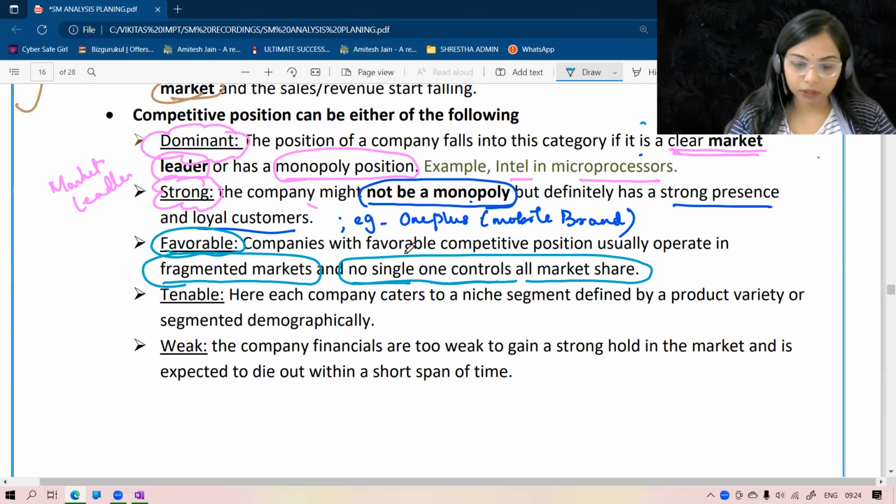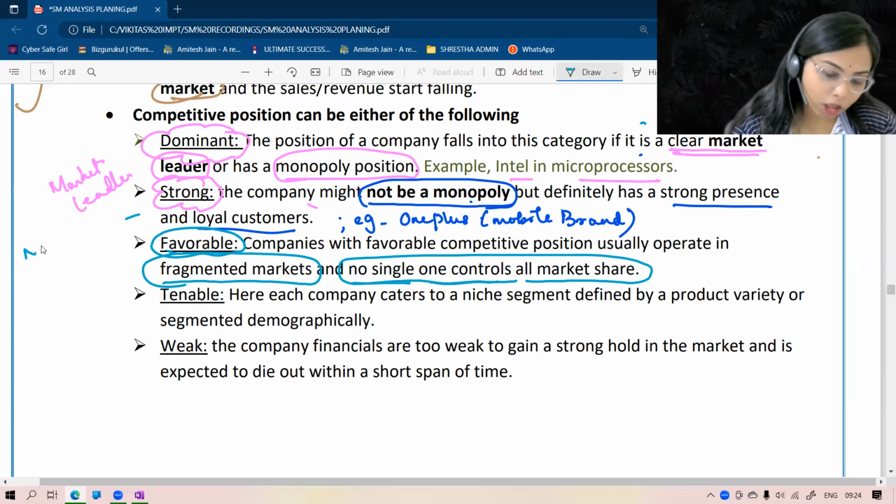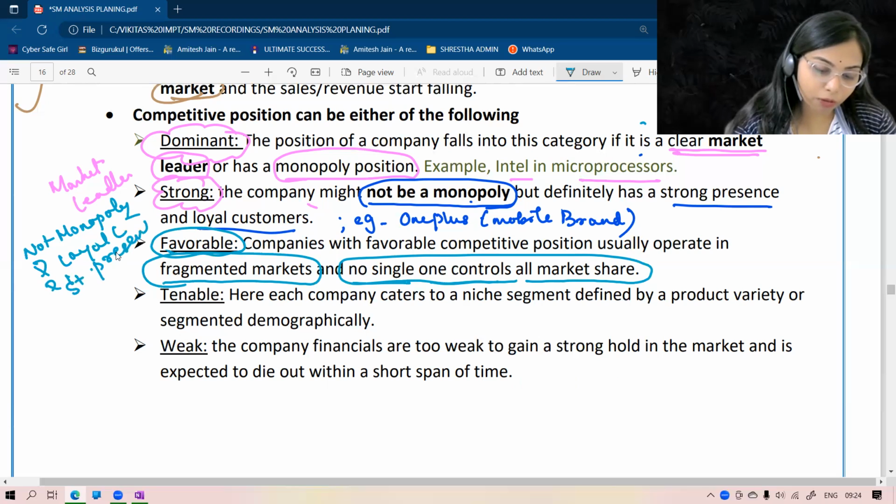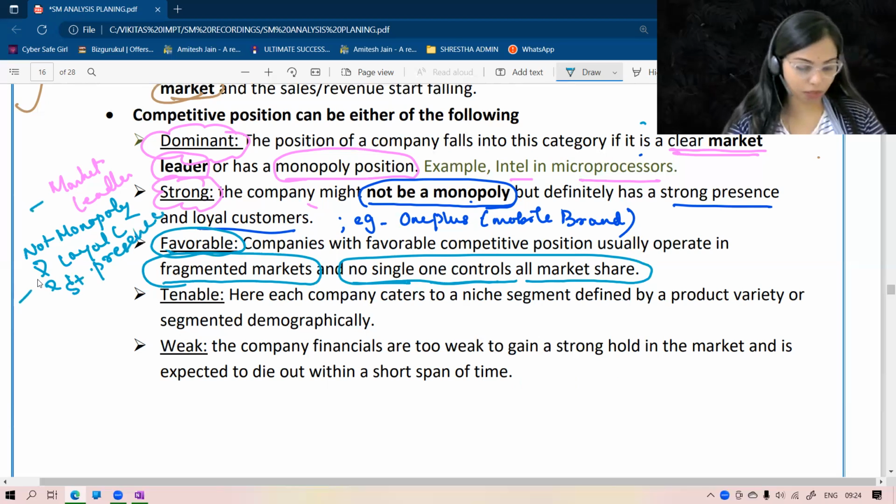Remember this, fragmented market. You will write, not a monopoly, but has loyal customers and strong presence. This is what you have to remember. These are the flash notes I'm saying.